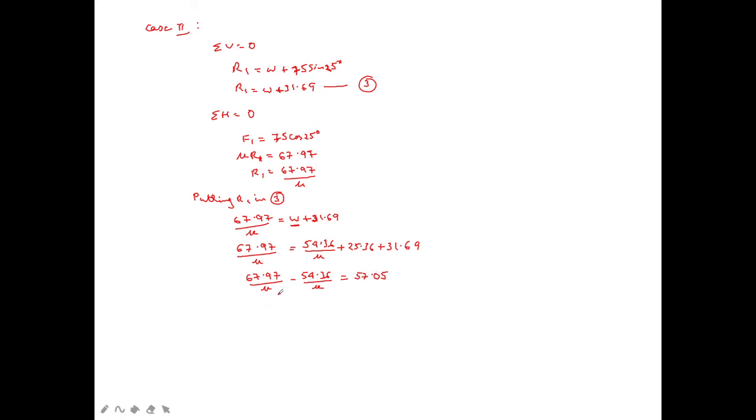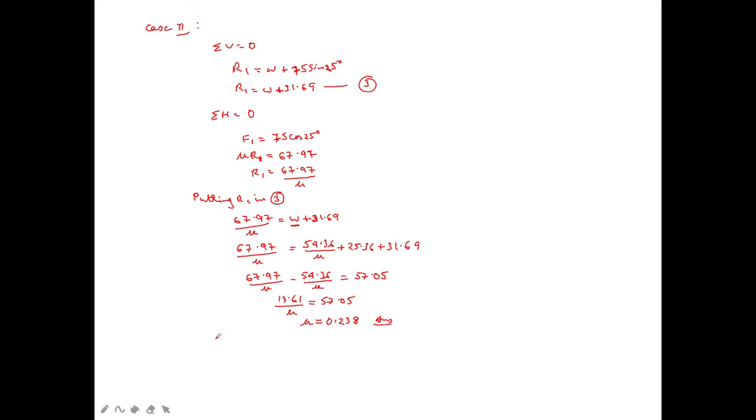Now finally if you subtract these two, we'll get 13.61 upon mu, and this is equal to 57.05. So the value of mu will be 0.238. This is the answer.